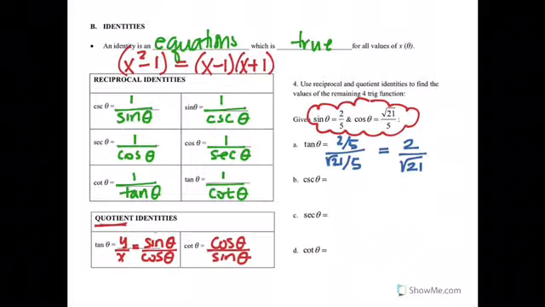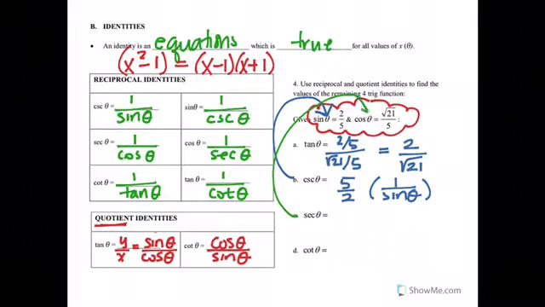If I know that the cosecant is merely the reciprocal of the sine, and the sine is 2/5, that makes the cosecant 5/2, right? In other words, it's the reciprocal of the sine. If I know the secant is the reciprocal of the cosine, then the secant must be 5 over root 21. In other words, it's 1 over the cosine, or the reciprocal of the cosine.